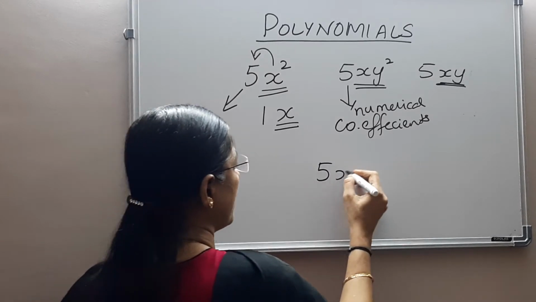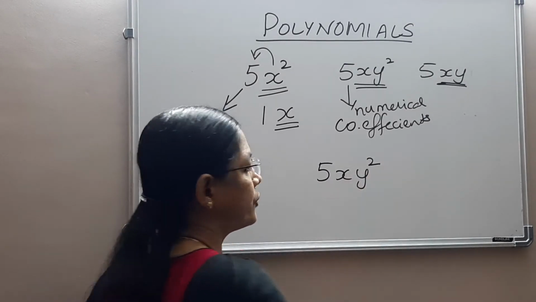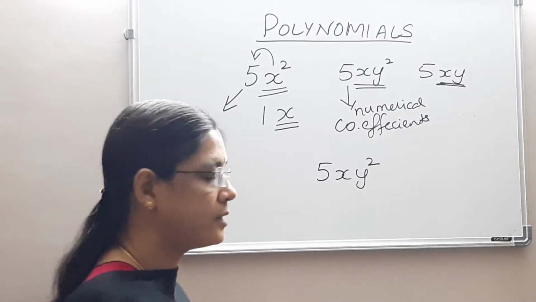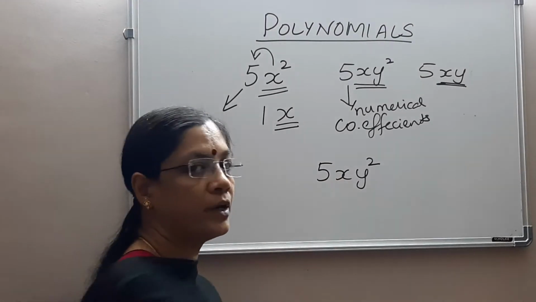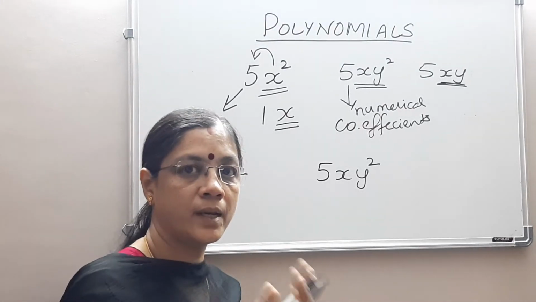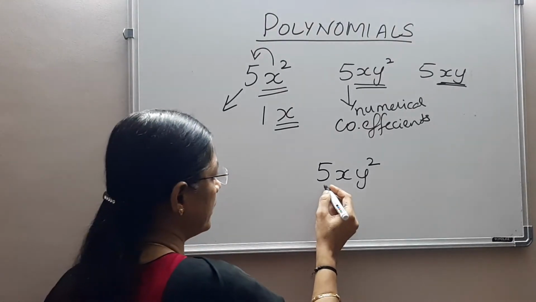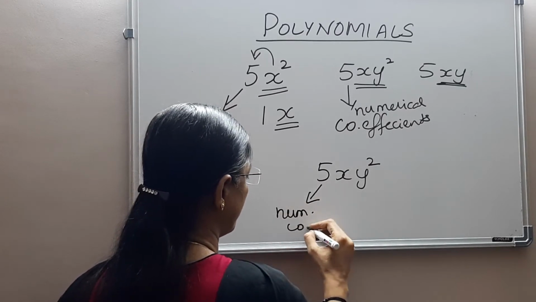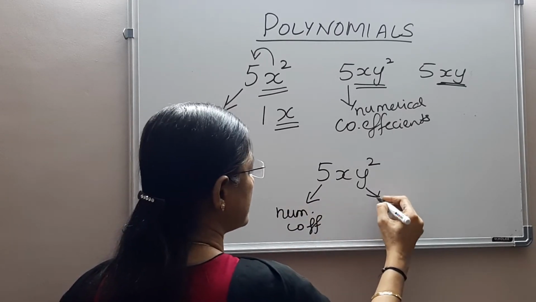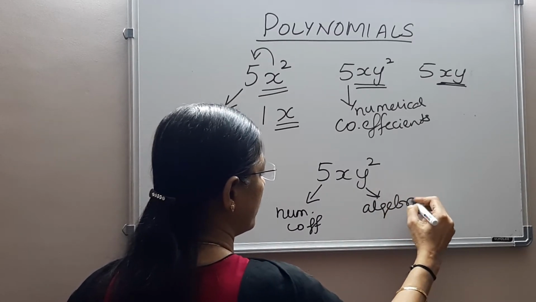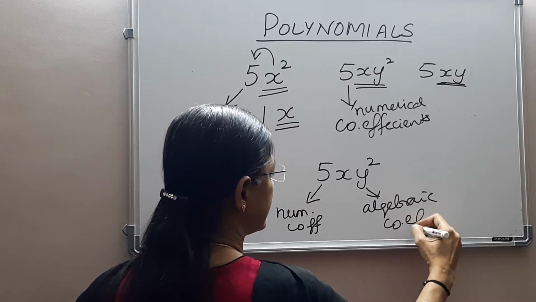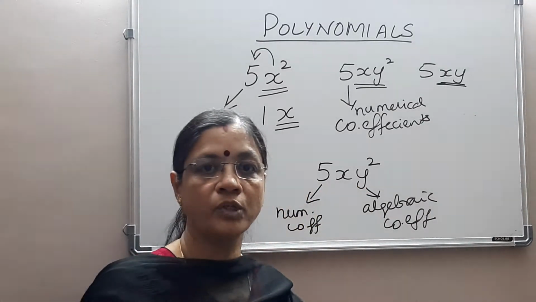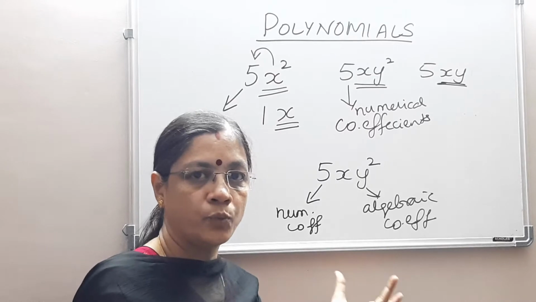Now if I am asked to find the numerical coefficient for x and the algebraic coefficient for x, in 5xy squared, what is the numerical coefficient for x? It is 5. So 5 is the numerical coefficient and y squared is the algebraic coefficient. So a coefficient is the number, the constant or the variable which accompanies the variable with which we are concerned.